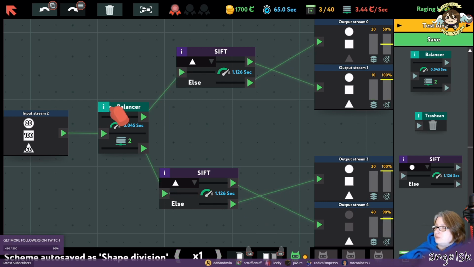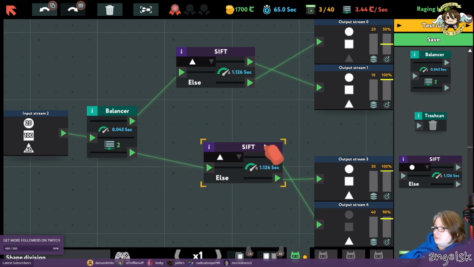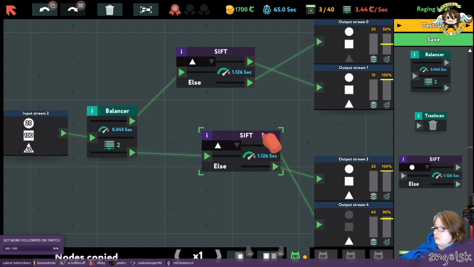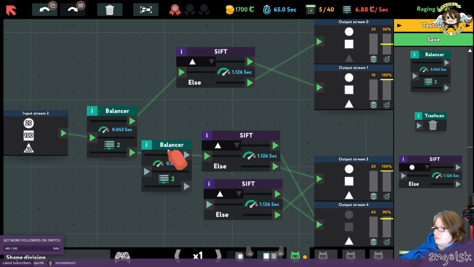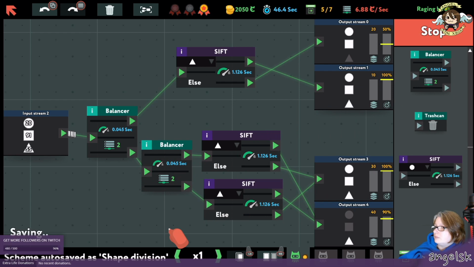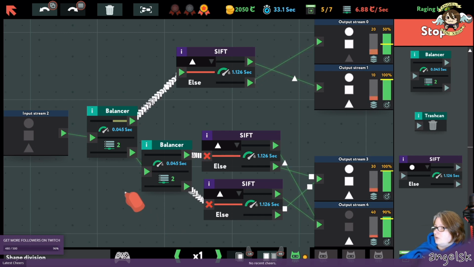Okay. So, balancer. Oh, it's evenly splitting it. And then, okay, so we need 70 this side, 30 that side.